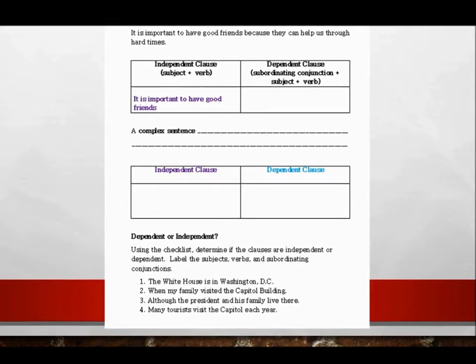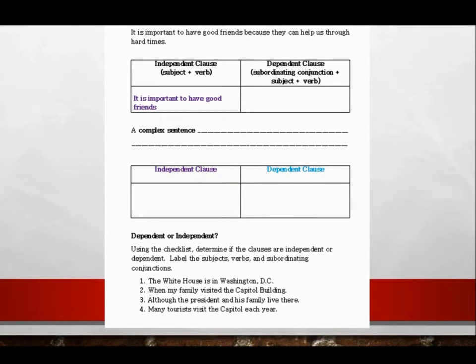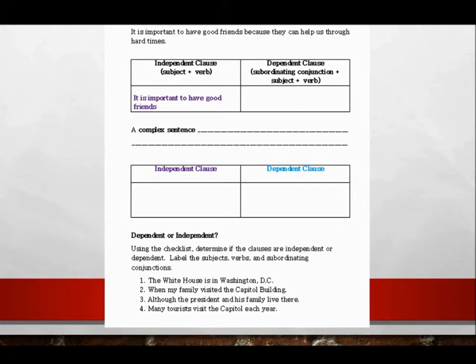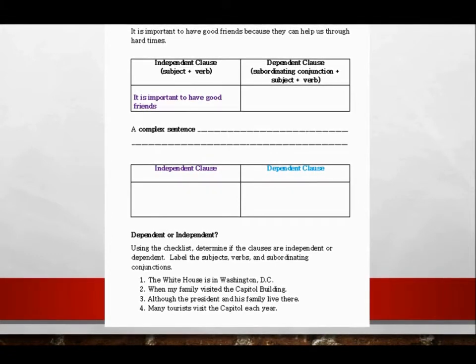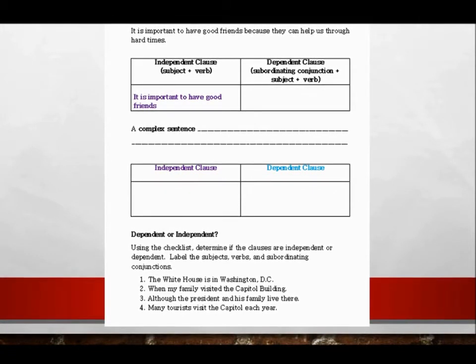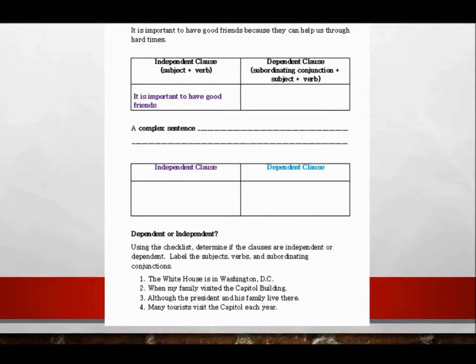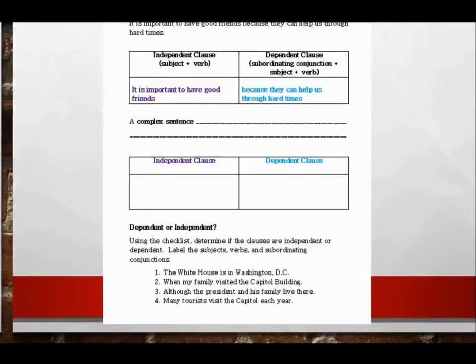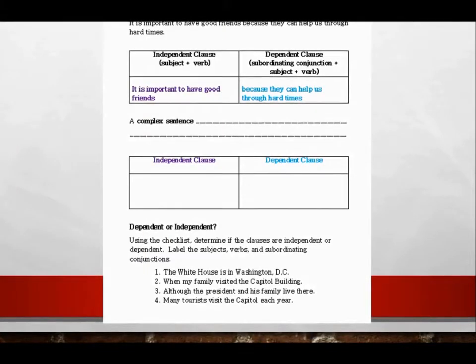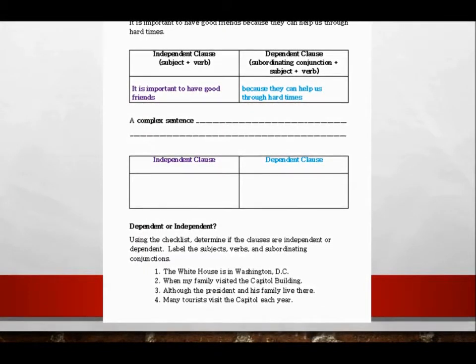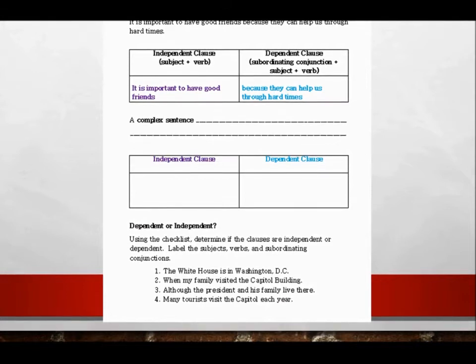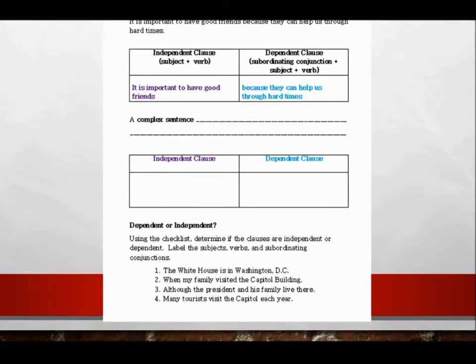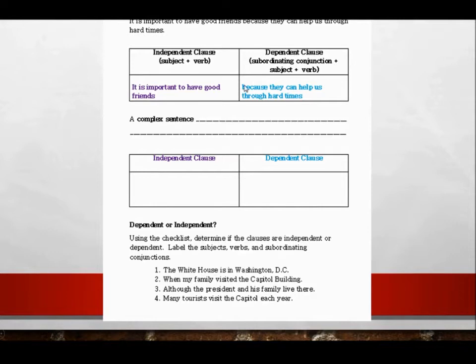Now let's look at the rest of the sentence. It says, "Because they can help us through hard times." That part of the sentence is considered the dependent clause. The dependent clause has the subordinating conjunction, which is also known as the woovis word, and that is the word because.